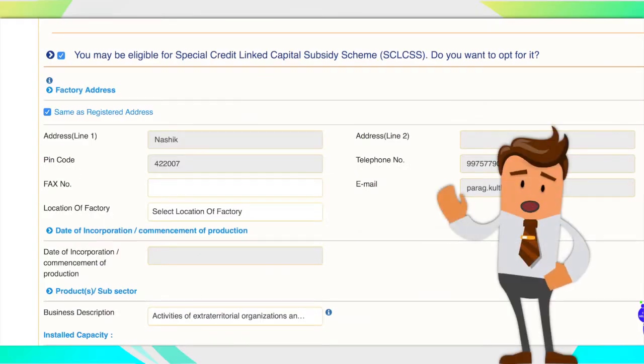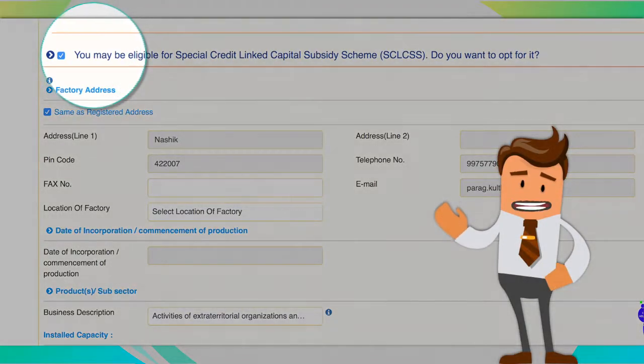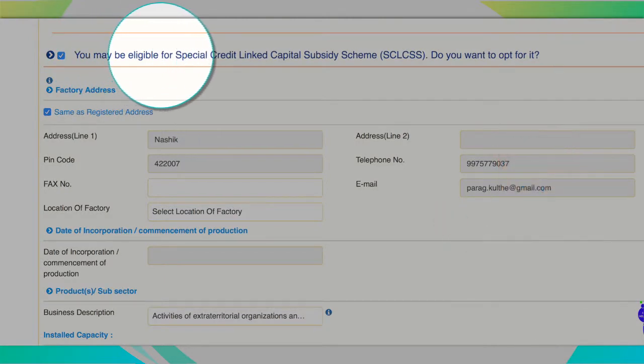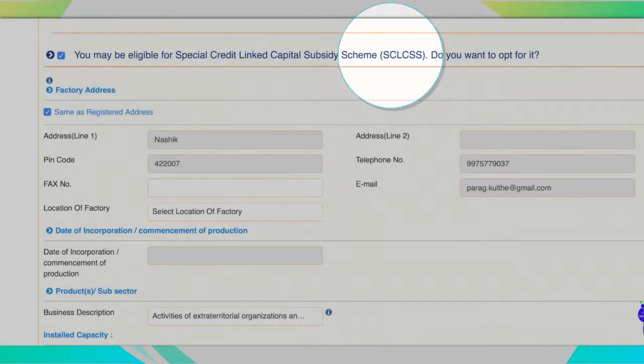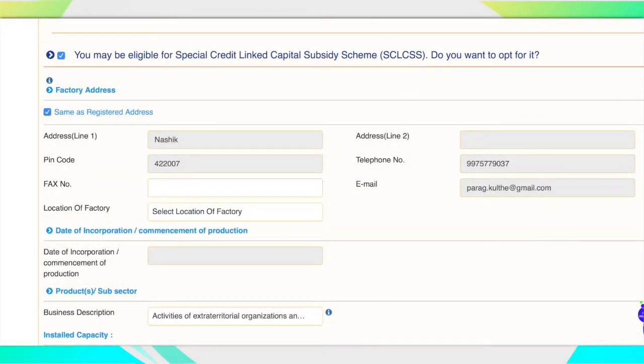In case the applicant belongs to SC/ST category, he or she has the option to opt for Special Credit Linked Capital Subsidy Scheme or SCL/CSS. The checkbox has to be activated to enable the option.